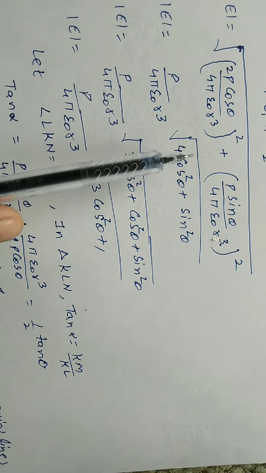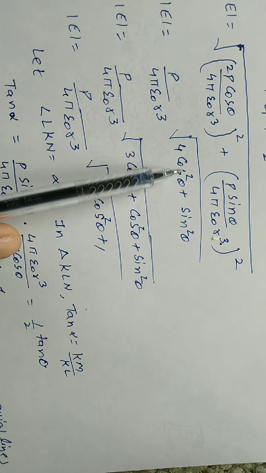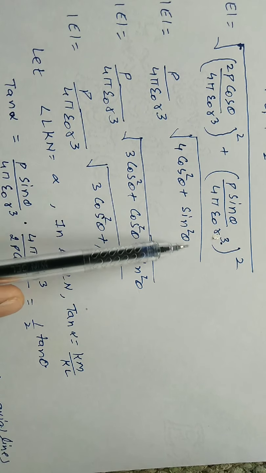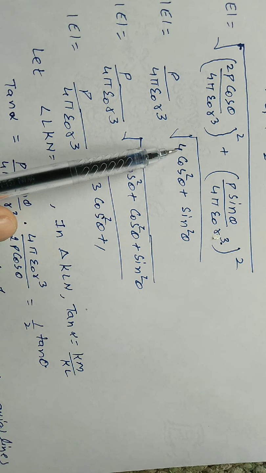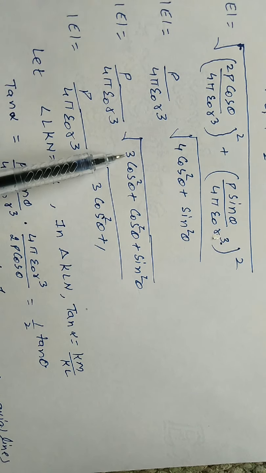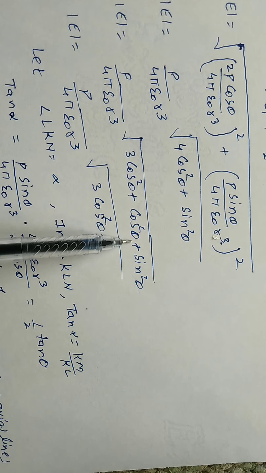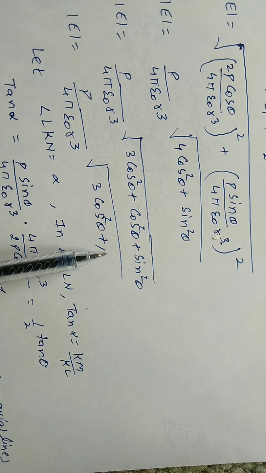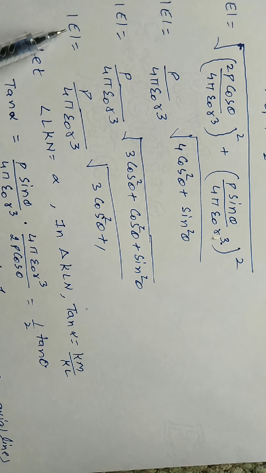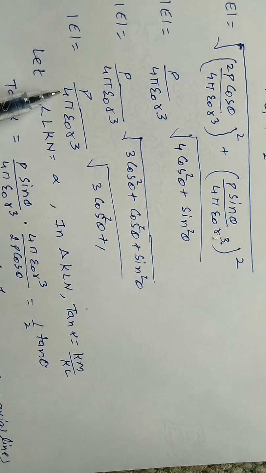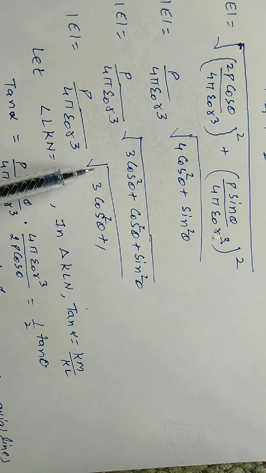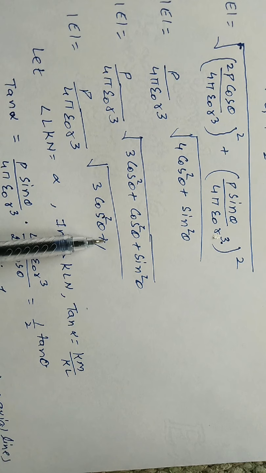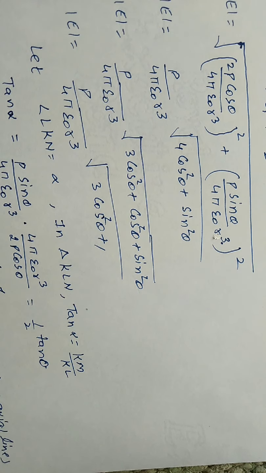So 2 square will be 4 cos square theta plus sin square theta. We can write 4 cos square theta as 3 cos square theta plus cos square theta. So cos square theta plus sin square theta is equal to 1. So the resultant electric field intensity is P upon 4 pi epsilon 0 r cube under root 3 cos square theta plus 1.